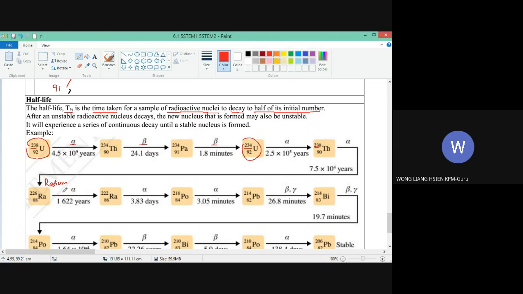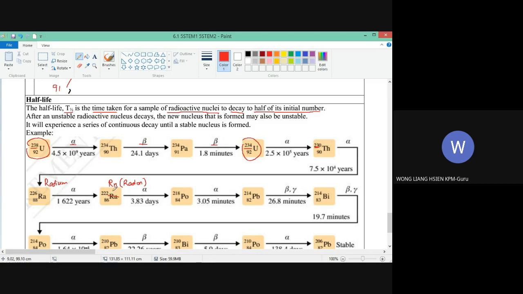This is supposed to be the radium. Okay, so this is wrong. This is supposed to be Rn. I think there is a mistake here. All right, so this radium undergoes radioactive decay.